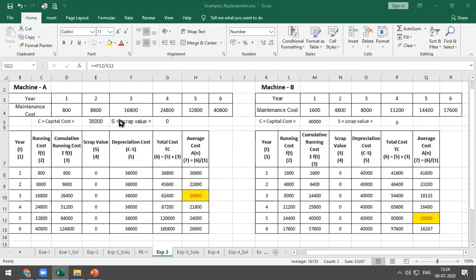The question is that we have used machine A for 1 year.